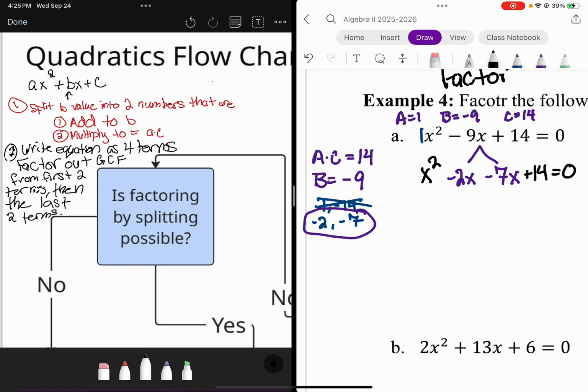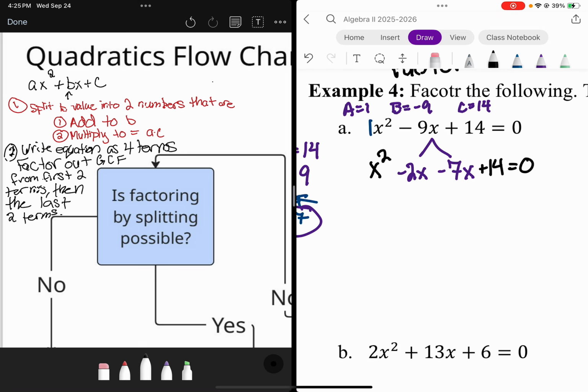So if we look at ours, we're going to factor out the GCF from these first 2 terms, x squared minus 2x. So let's start with the numbers. We know the coefficient in front of x squared is 1. So the largest number that we can factor out from a 1 and a -2 is going to be 1. Then we are going to look, do both of them have an x with them?